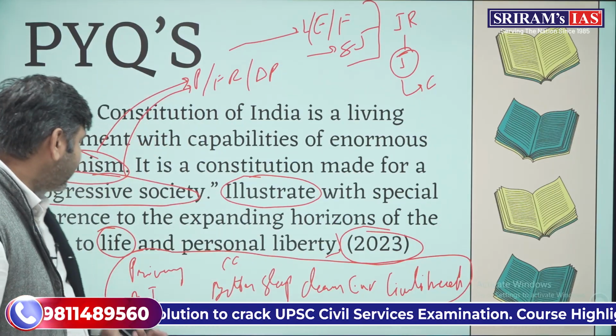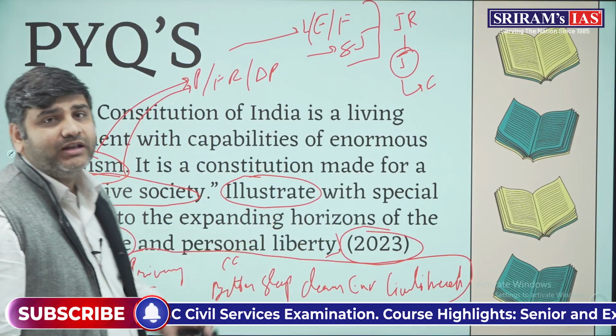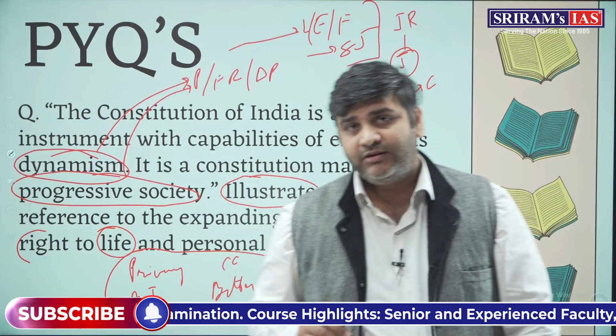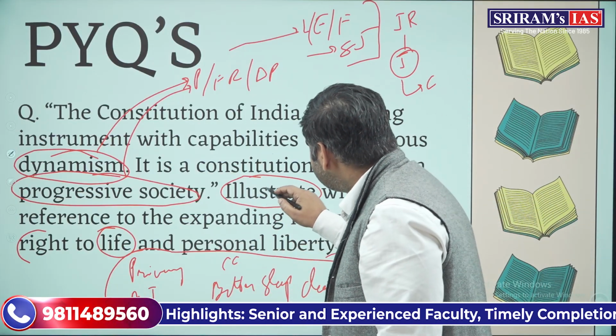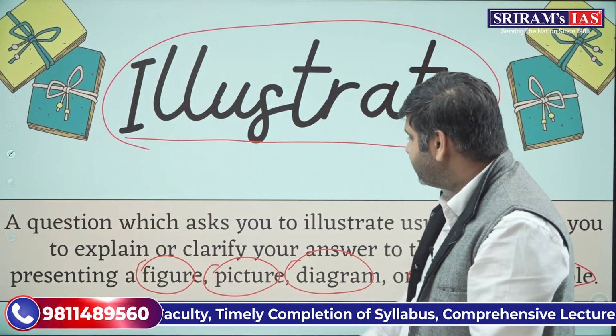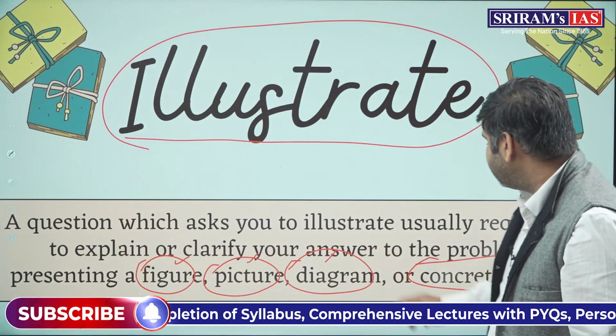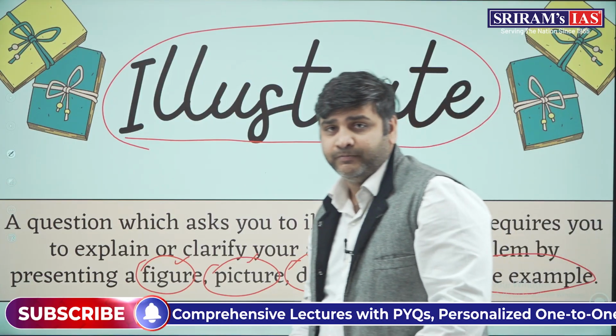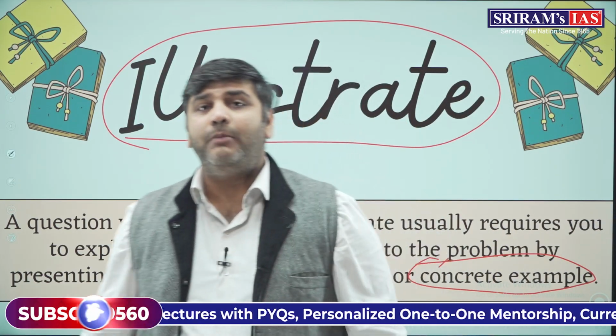So these are the concrete examples which you are giving to prove your point. So when the UPSC asks you to illustrate a particular answer, what you need to do is to make a figure, a picture, a diagram or a concrete example to simplify the problem.